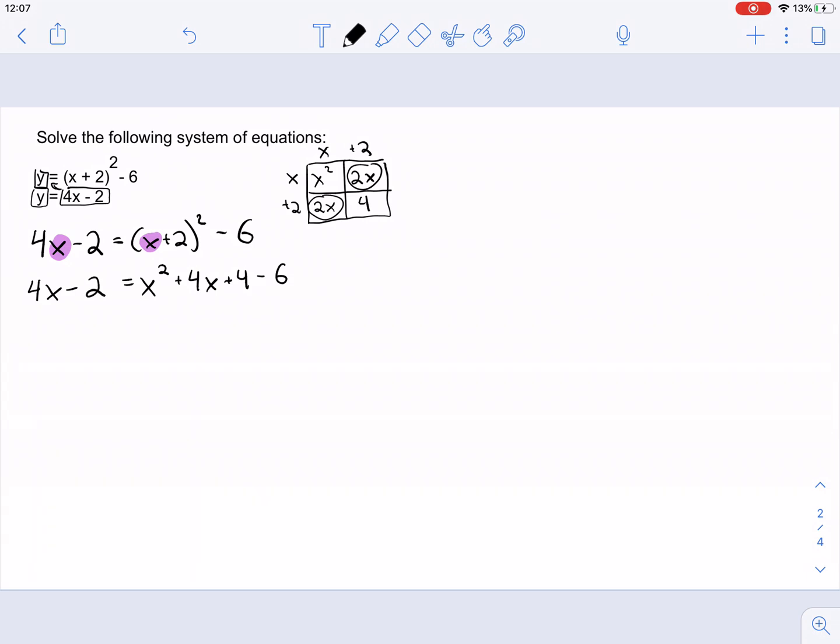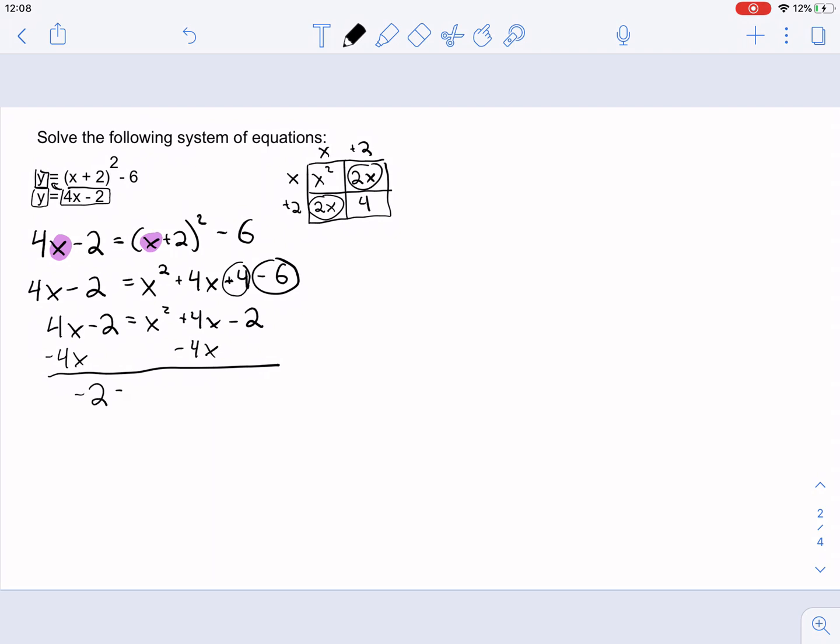Now I'm going to solve this quadratic and see if I can factor. I'm going to set it equal to 0, but before I do that, I need to combine my like terms. The positive 4 and negative 6 give me x squared plus 4x minus 2. Now I'm going to set this equal to 0, so I can subtract 4x from each side.